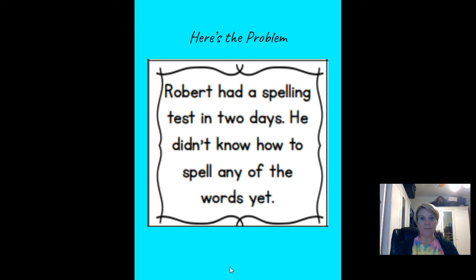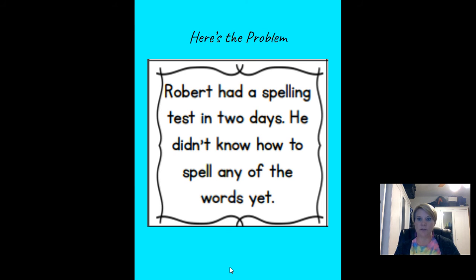Okay, Robert had a spelling test in 2 days. He didn't know how to spell any of the words yet. So he still has 2 days. So he could start practicing spelling his words every day, right? He could do some pre-test with his mom and dad or friends or whoever he has available that can help him.